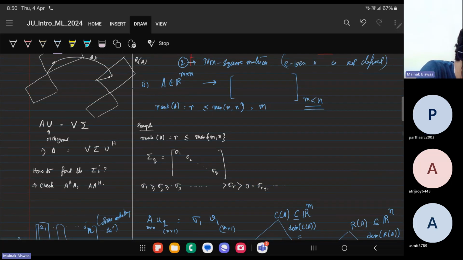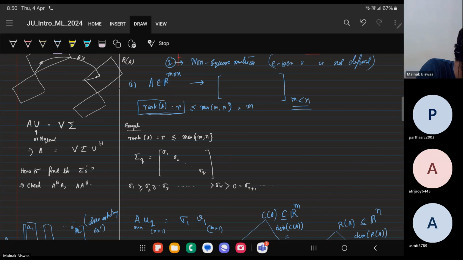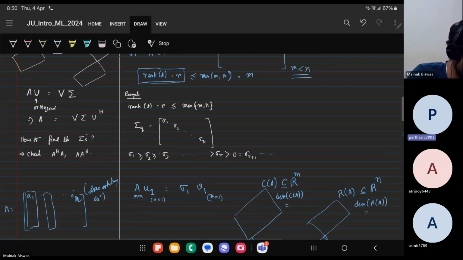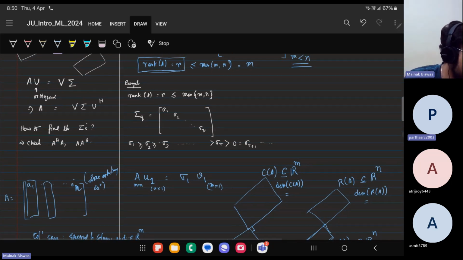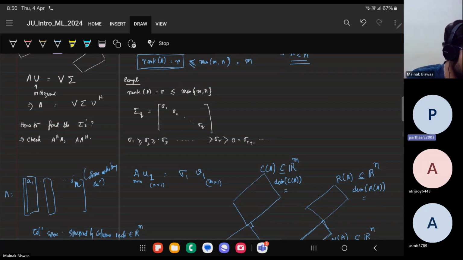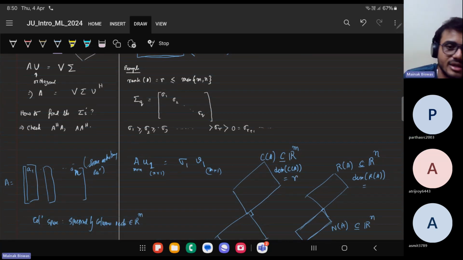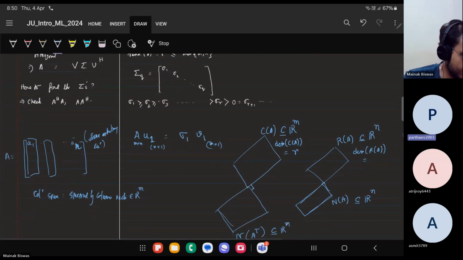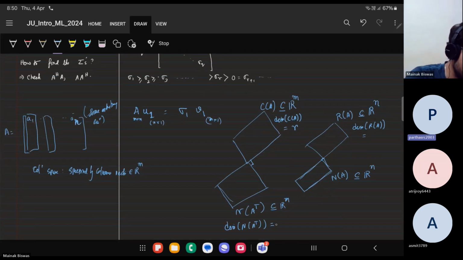We have defined it already: rank of A is equal to R. I have written less than or equal to, so let me write R. The dimension of the null space of A transpose will be m minus R, and the other will be n minus R. These should add up to n.